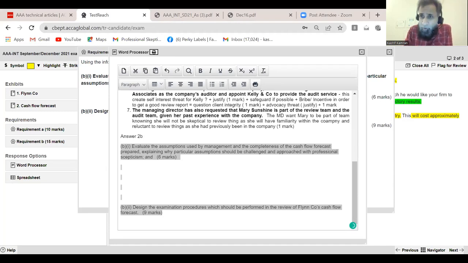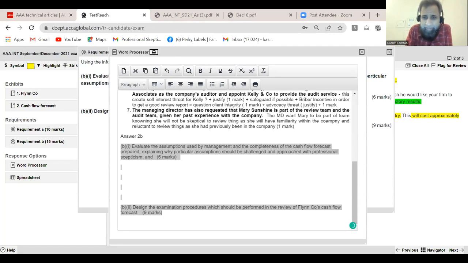It should be approached with PS because the managing director is not demonstrating integrity as seen above in the answer to question 2 part A. This is how you can tell the examiner, no issues with it. Save your time.